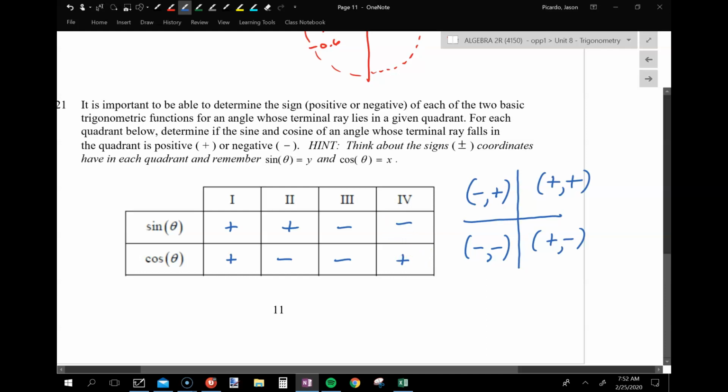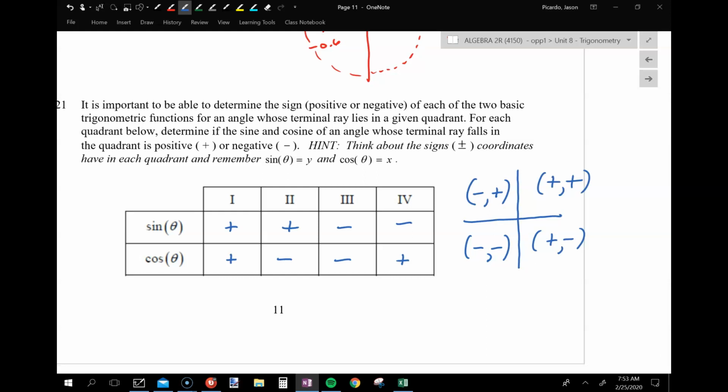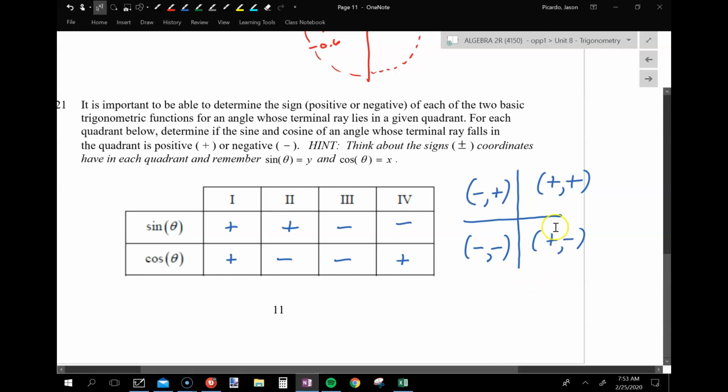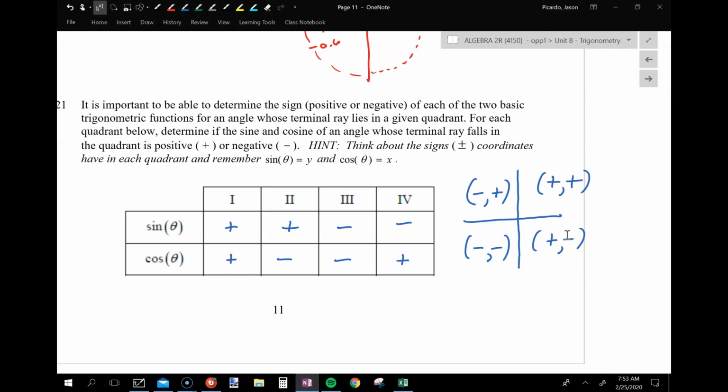Now, right now, you might be thinking to yourself, well, Picardo, that's a cute little tidbit, thank you. But what's your point, right? Don't you guys agree that I'm duplicating a process over and over again when I draw those triangles on the unit circle?